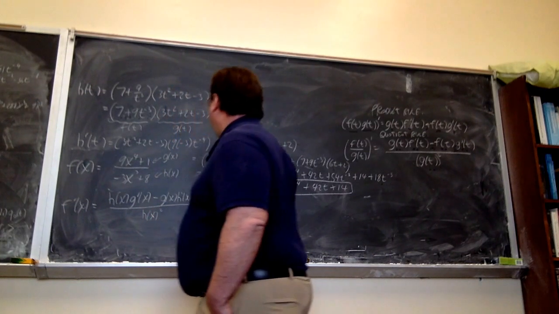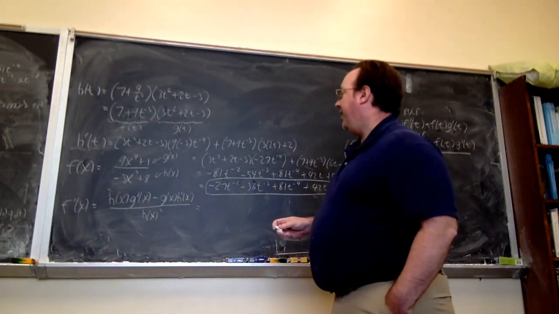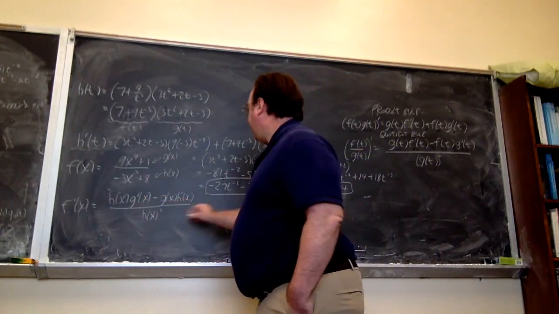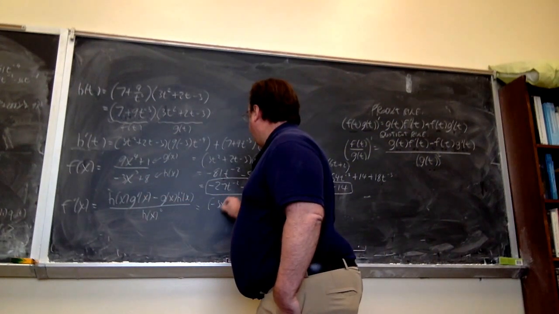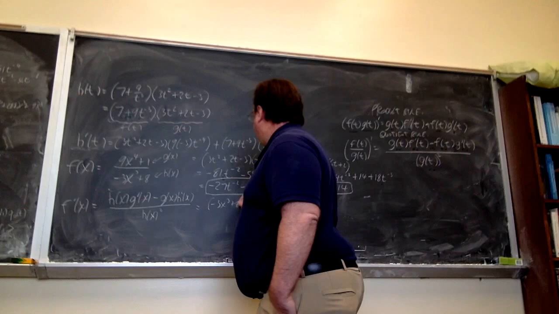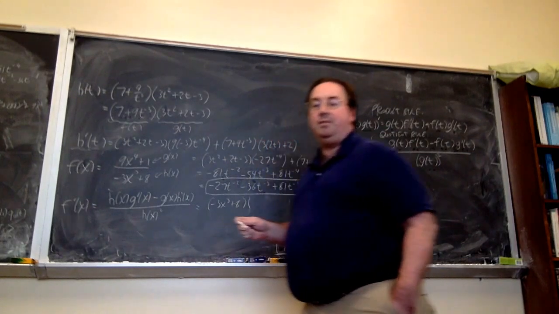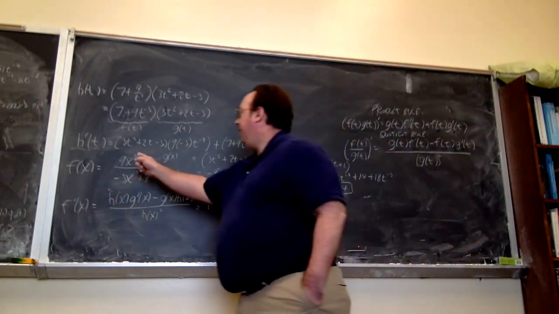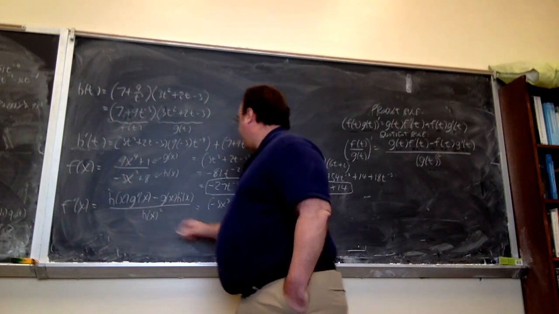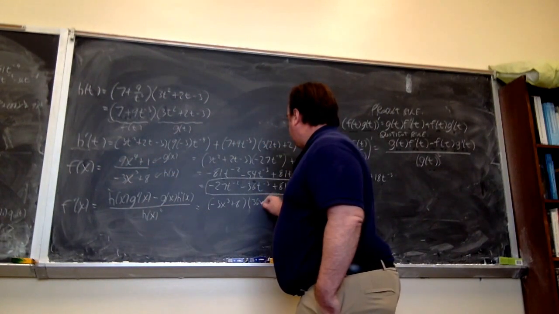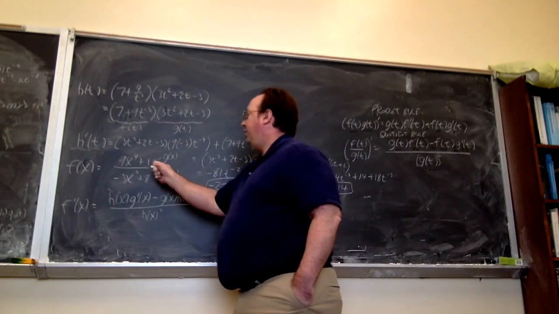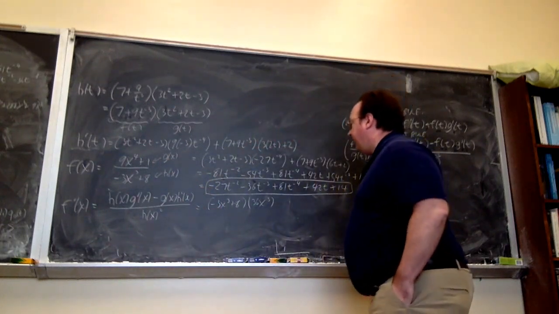So now if I fill in what all these things are, I have my denominator undifferentiated, minus 3x cubed plus 8, times the derivative of the numerator. That's going to be 4 times 9, 36x cubed. And then the plus 1 will not contribute anything, so we can forget about that.